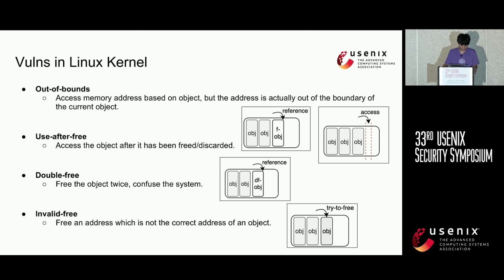Use after free, known as UAF, relates to accessing the object after it has been freed. Double free, which is a special type of UAF, means freeing an object twice and confusing the system. And invalid free is freeing a fake object or an address which is not the correct address of an allocated object.